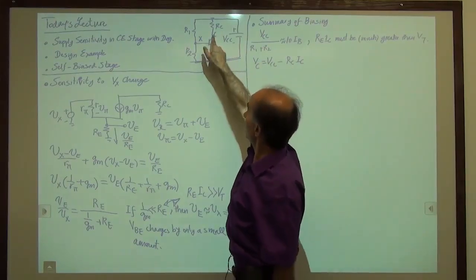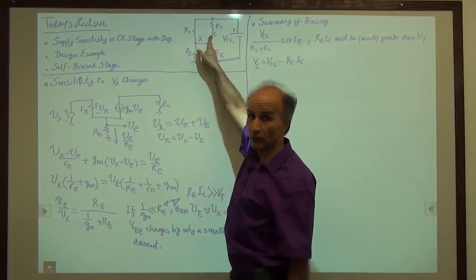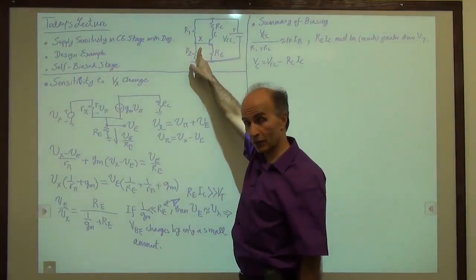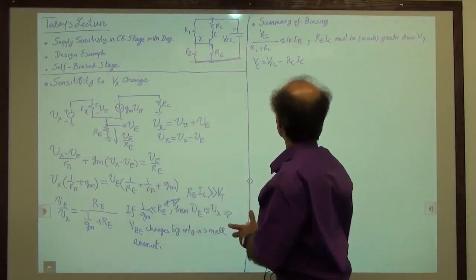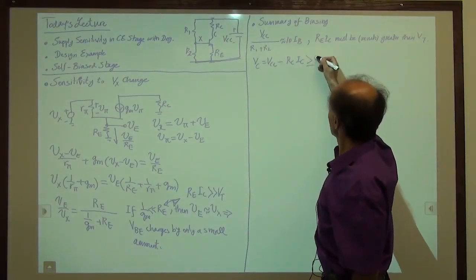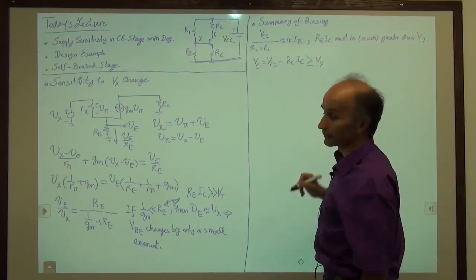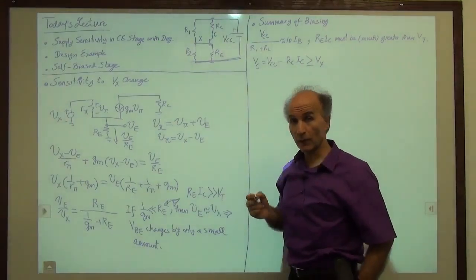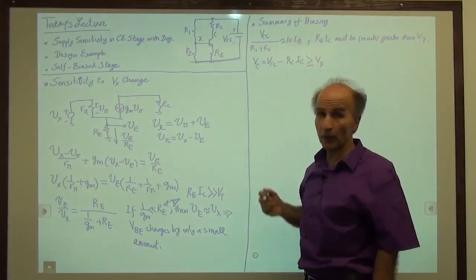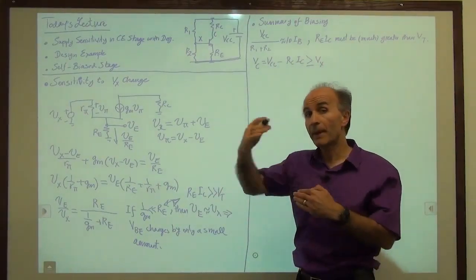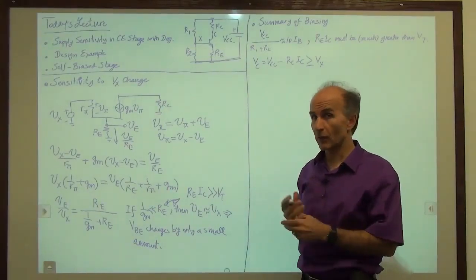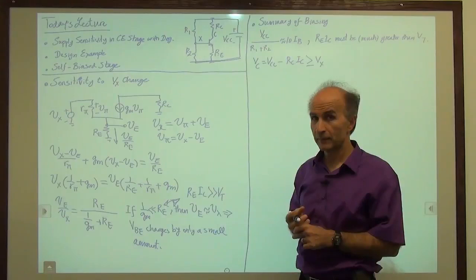Well, we would like the collector voltage to be around the base voltage or higher, no lower, because we enter saturation. So this is another important guideline that we have to remember. This should be greater than or equal to Vx. So whatever we choose for Vx, we have to choose RC to satisfy this equation, and that gives us an upper bound for RC. All right, and that's how this whole circuit is designed.